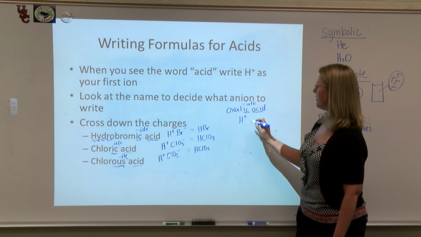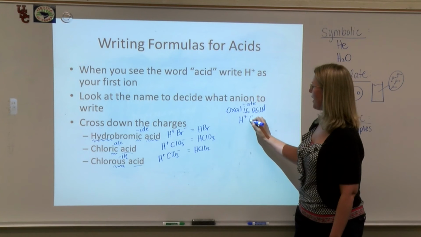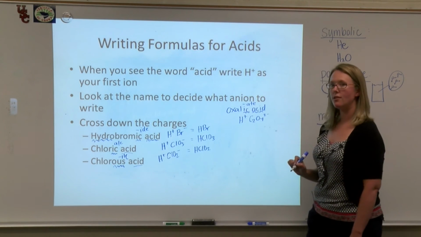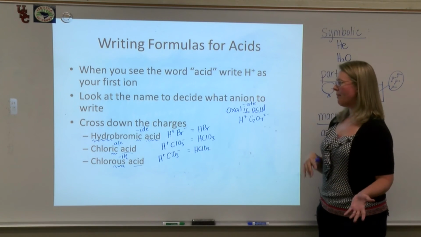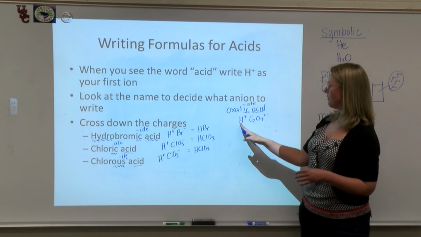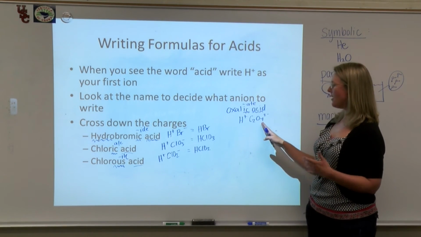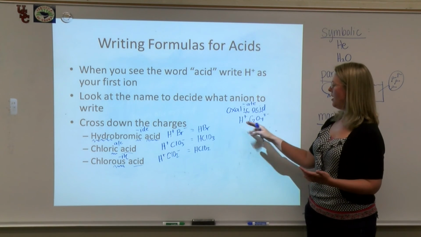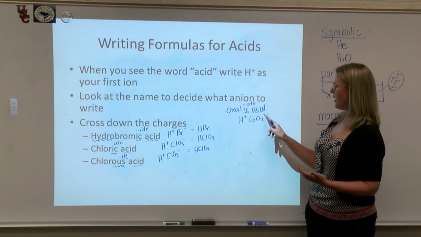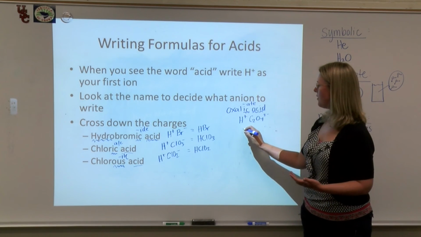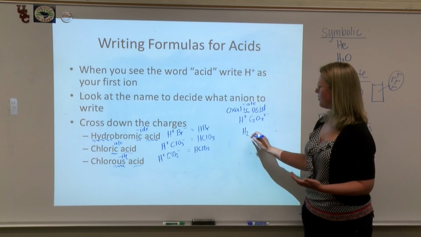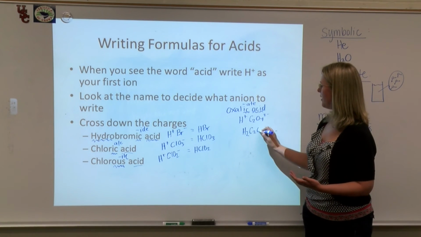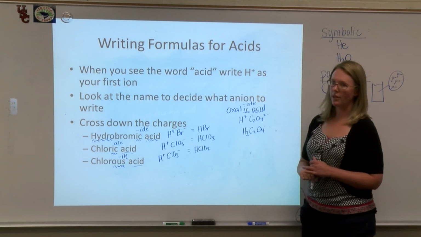So oxalate, a polyatomic ion, C2O4, 2 minus is the charge. And so think back to what we did with ionic. This is +1, this is -2. How many of these do I need to make it 0? I need 2. Or you could do the whole cross down thing. So the 2 comes down with the H to be H2, and the 1 comes down with the oxalate, so you don't show it. And so this will be your formula.